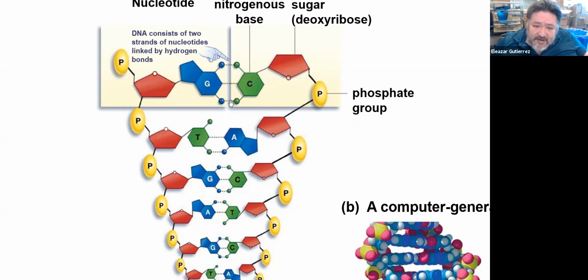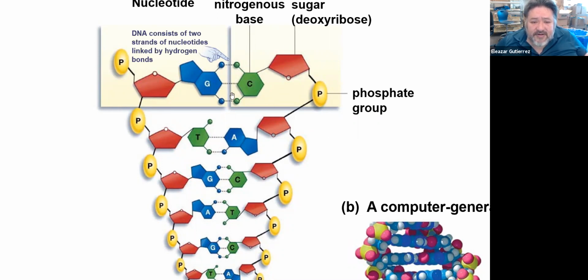The anti-parallel strands associate with their complementary strand through this little guy right here. Can anybody guess what these are? I wish I could hear you, but these are hydrogen bonds. So it is complementary hydrogen bonding that allows the complementary strand to associate with the daughter strand.